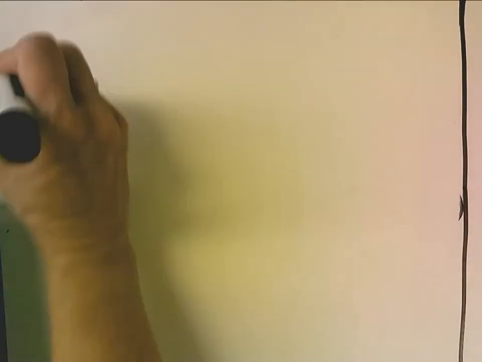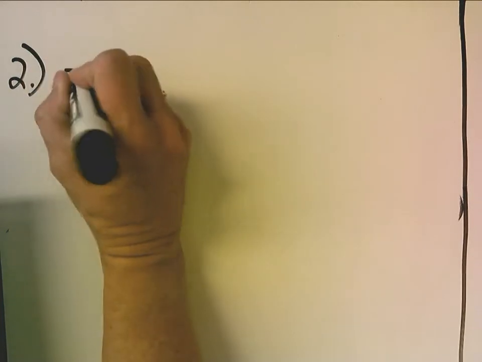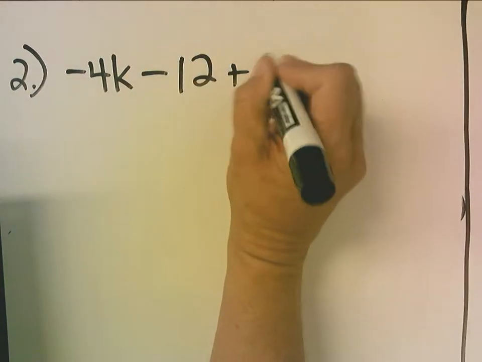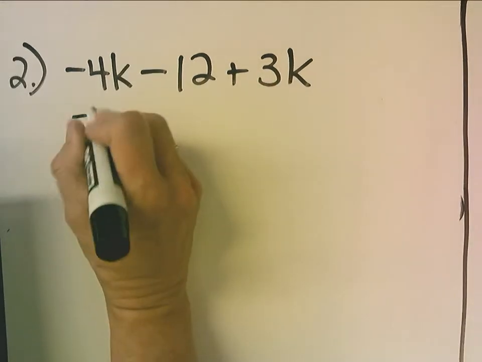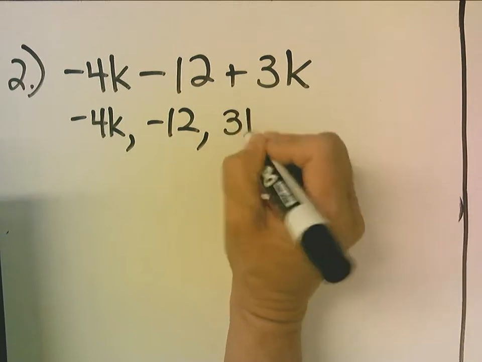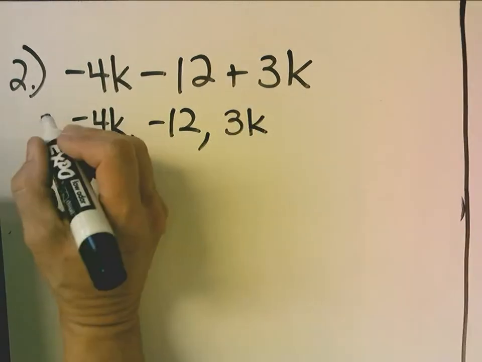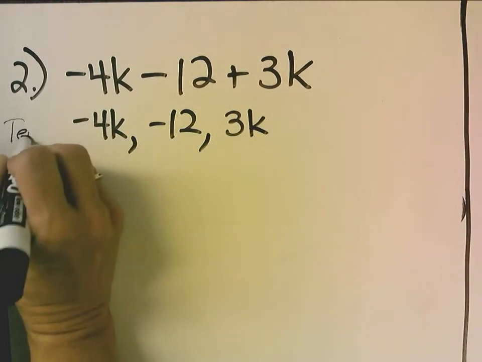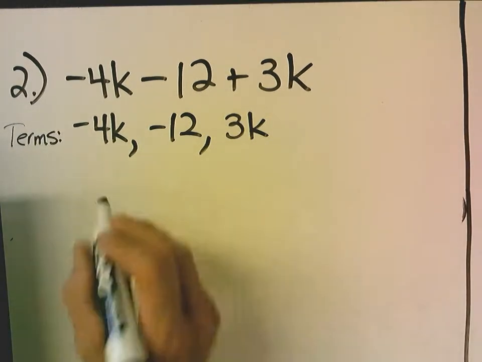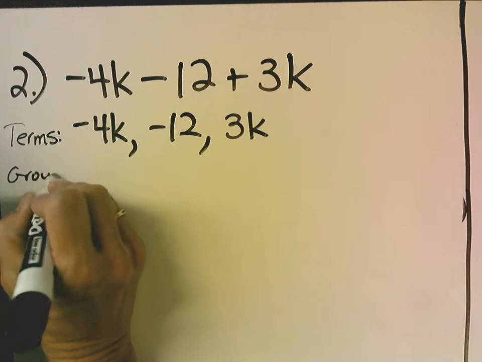Okay, let's look at number 2. I have negative 4k minus 12 plus 3k. So first I'm going to list my terms separated by a comma. I have 3 terms. Now I'm going to group my like terms.